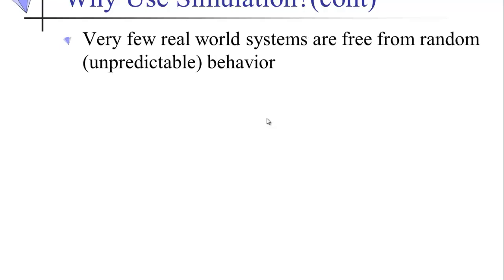So why use simulation, continued: very few real-world problems are free of random or unpredictable behavior. Now think about it. If you tried to do an optimized model, meaning there is one and only one optimal solution, well, you try to apply that in your business.